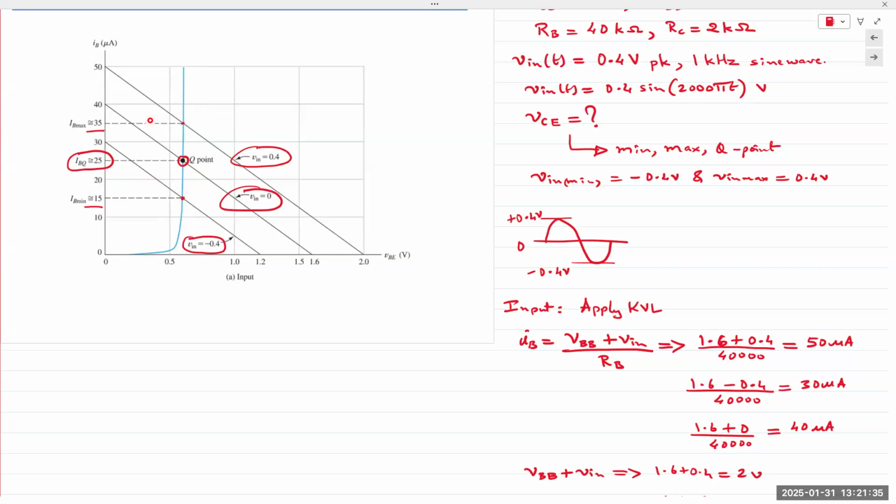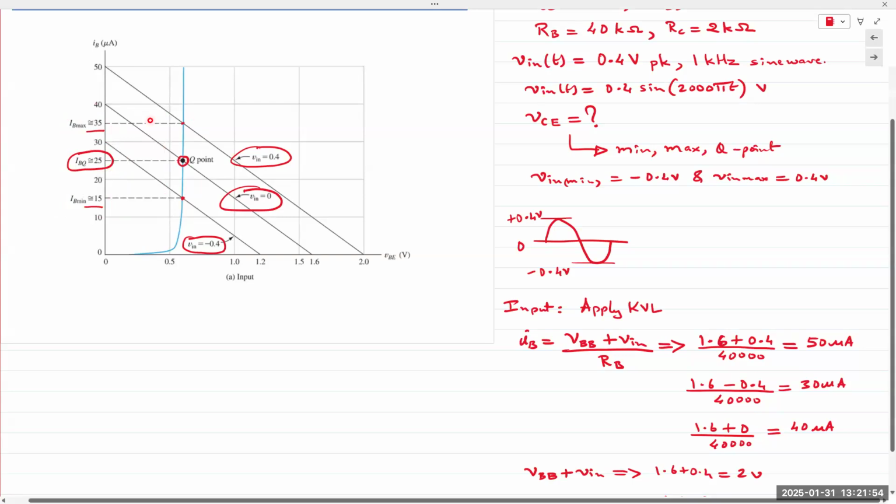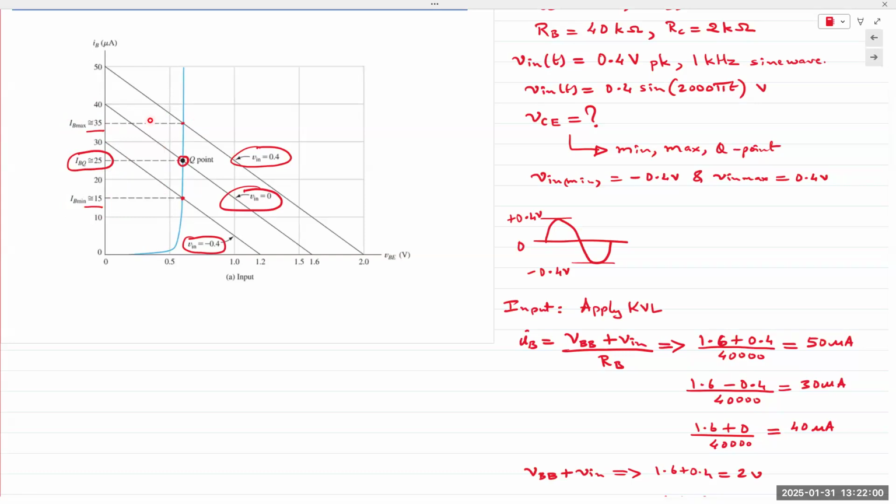So the Y-axis coordinates for these 3 intersection points give us the values for IB. And they turn out to be 15, 25, and 35. Okay. That is observation from the graph. We did not calculate those. Again, it's the Y-axis coordinates of those 3 intersection points.